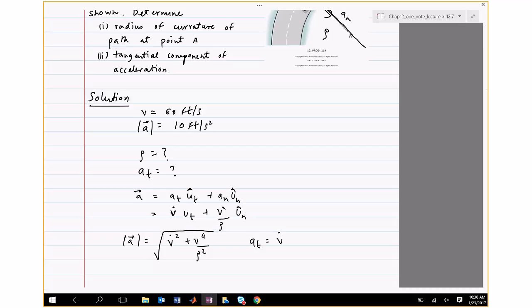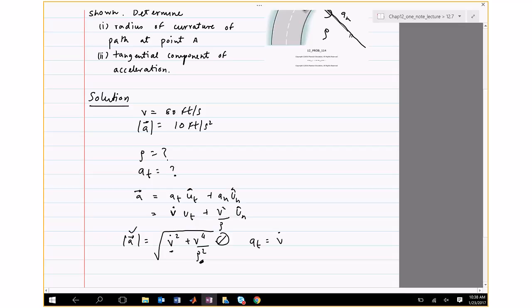So if we can find V dot, we found what AT is. We are also asked to find what rho is. And we are given what V is. This is known. And A is known, of course.